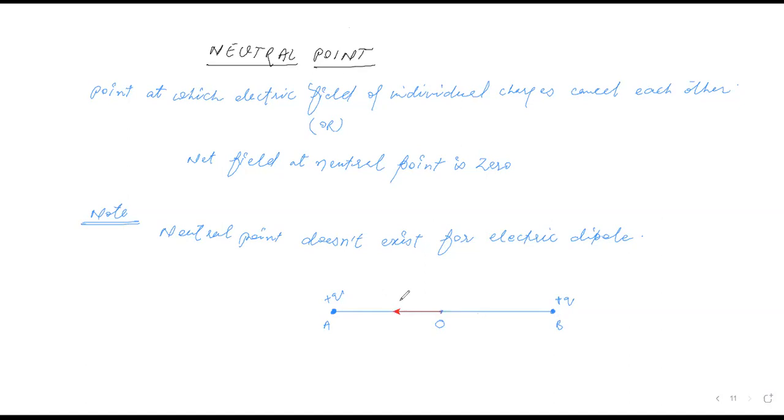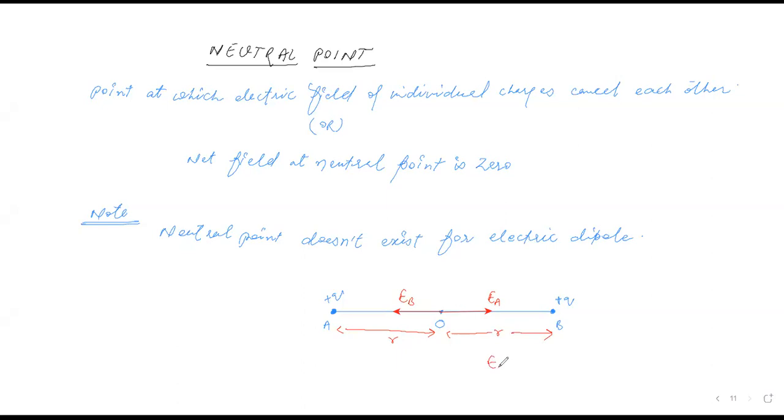This is your electric field of B, and similarly this is your electric field away from the point A due to the point charge at A. We already know the separation of both from the origin is the same.